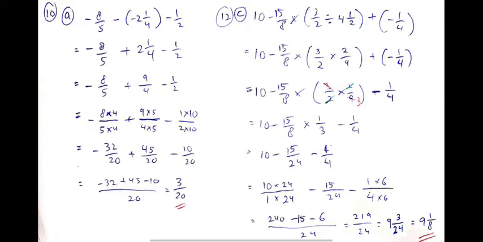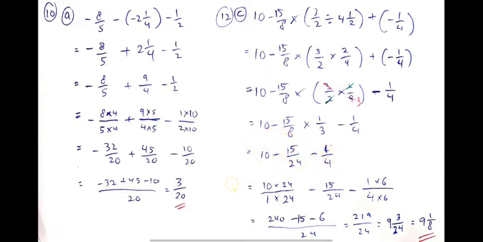Actually, that's the better way, but it turned out that I did not do that. Rather than that, I just timesed it. Okay, 15 over 24, so I got a bigger number now. It's okay.